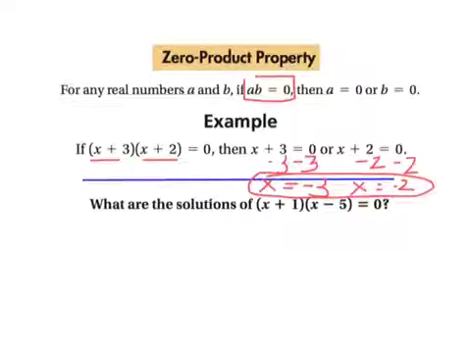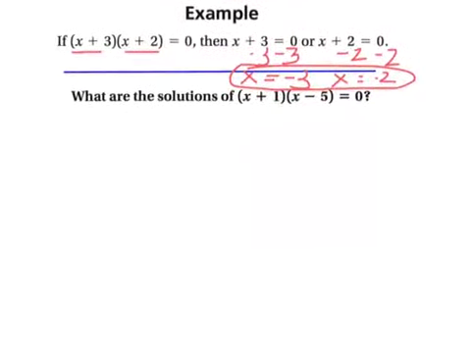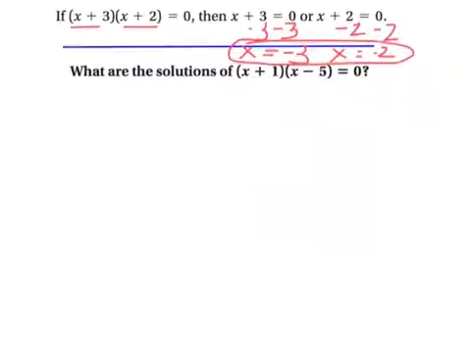The tricky part is still going to be that factoring that we worked on in chapter 8. So let's look at some of these that are already factored. The first problem here says, what are the solutions of x plus 1 times the quantity of x minus 5? Since I know the zero product property, each one of those could be equal to 0.